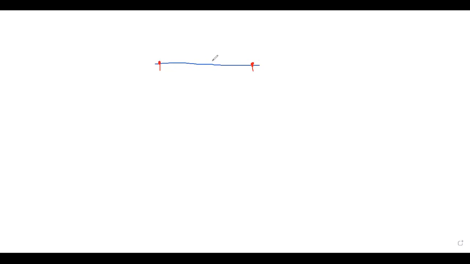The current which is traveling between these 2 points, for current we use the symbol I. We don't use the symbol C, we use the symbol I.